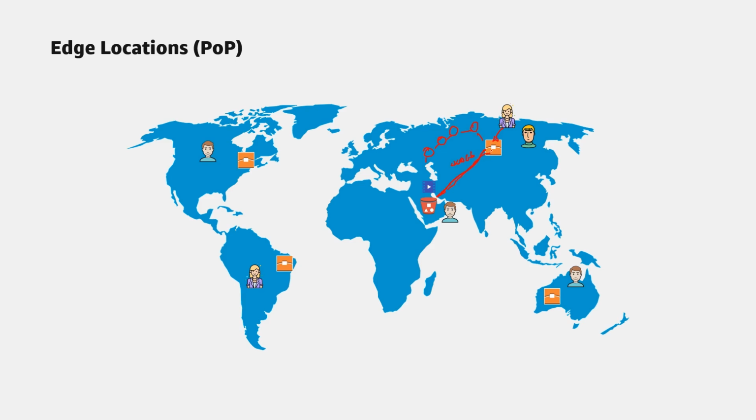Now, once the response is back, first the content is going to be cached over here, and then the result will be returned to our user Sally. Say, for example, another user who lives very near to Sally, or to this edge location, requests the same content, a subsequent request after Sally's.